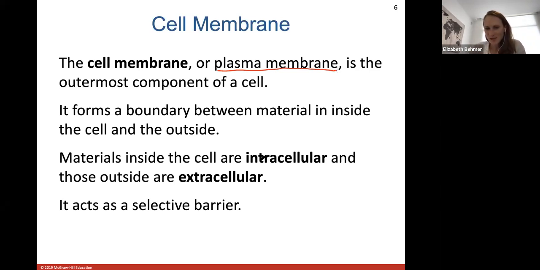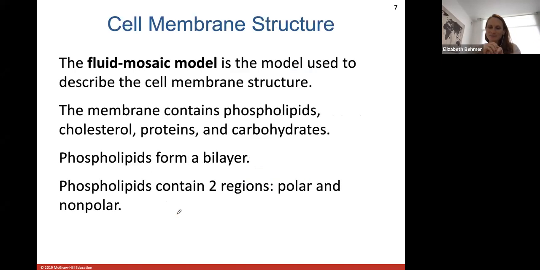Materials inside the cell, we call intracellular, and anything outside of the cell, we call extracellular. The cell membrane acts as a selective barrier, meaning that it allows certain things to come into the cell, but not everything. And we'll see how it does that.